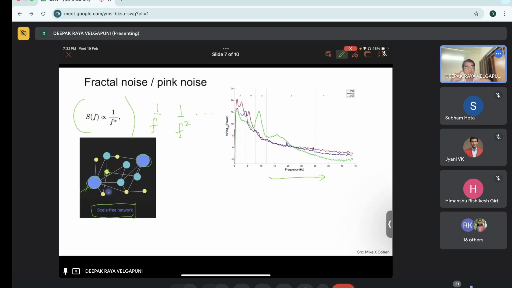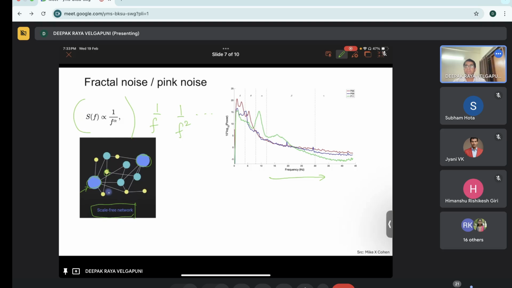There are many oscillators oscillating at lower frequencies than at higher frequencies. Because of this mismatch in number, as you go to higher frequencies the number of oscillators decreases, and this causes this kind of noise called pink noise. We can even simulate this noise by using scale-free network or scale-free dynamics.